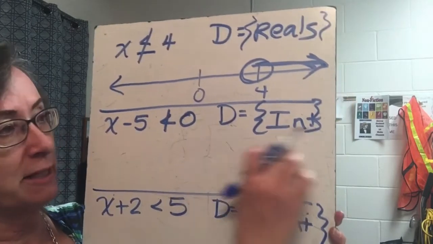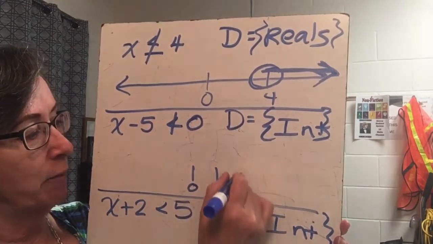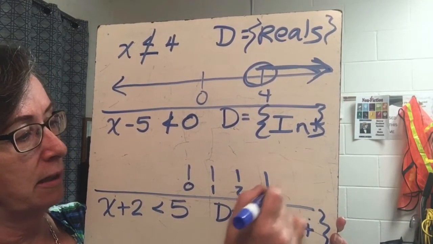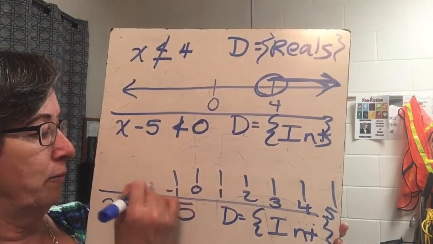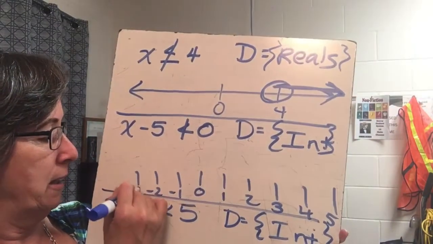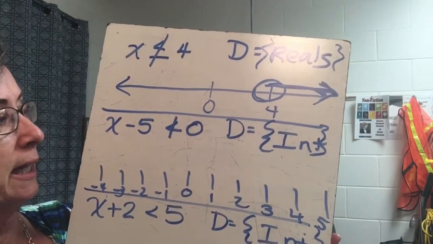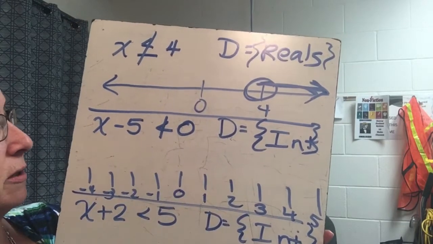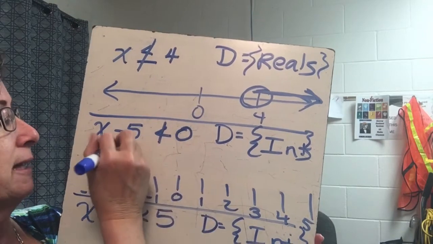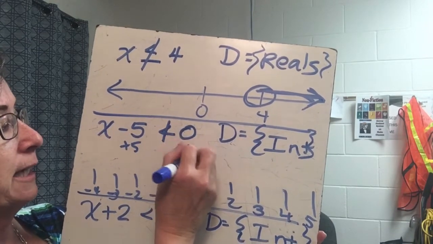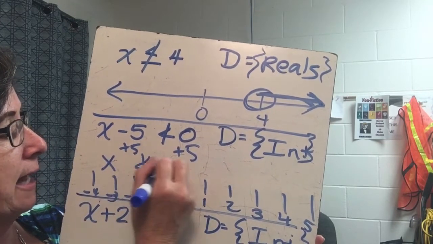Okay, here we have the domain is integers. So you've got to help me remember that we're just talking about the big hooks. Nothing in between. Okay, so -1, -2, -3, -4 continues on in both directions, but only the integers. Okay, so x minus 5 is not less than 0. So let's add a 5 to get the x by itself. So we have x is not less than 5.